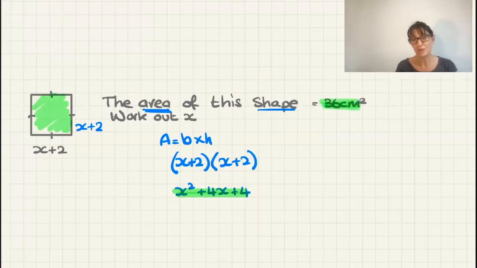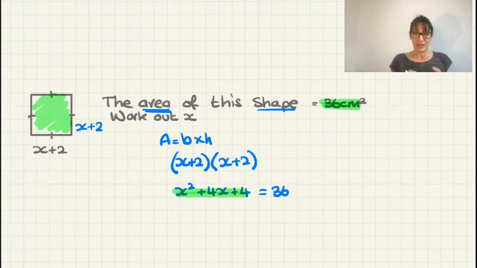I know it equals 36 centimeters squared. That means that this expression, this piece of algebra, is equal to 36, because they are both representing the area of the square. Now I've got a quadratic that I can solve.